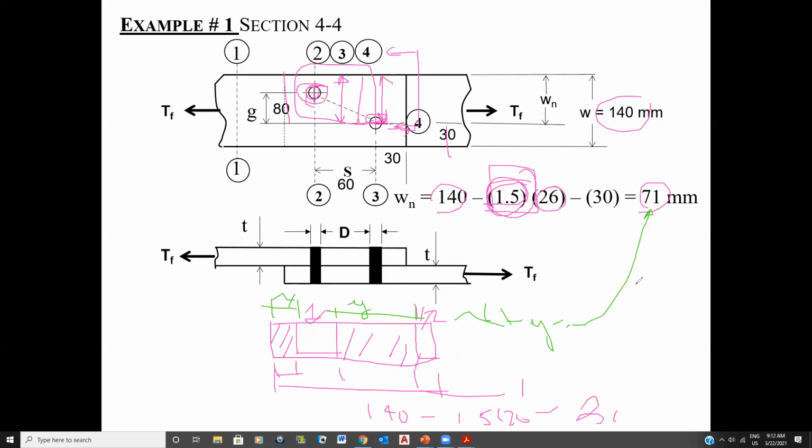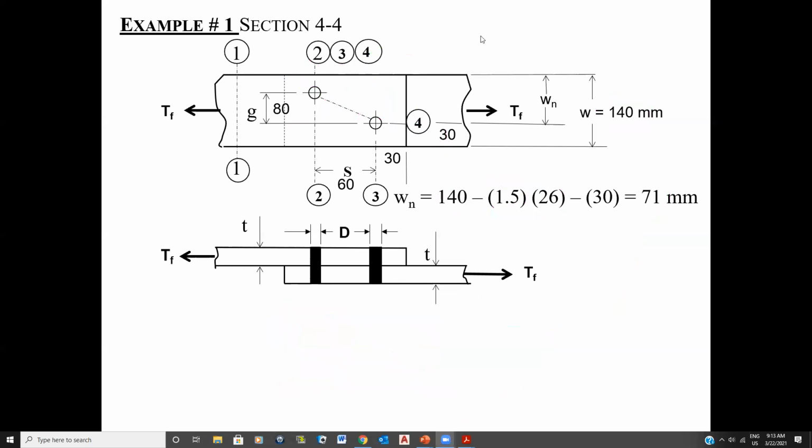Who doesn't agree? I'm kind of lost. You're kind of lost? Okay, so like I said, first of all, let's go to plane 4-4. Let's clear the whole drawing. So first of all, you follow 1-1.